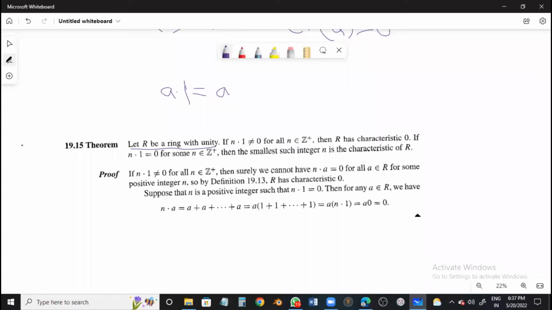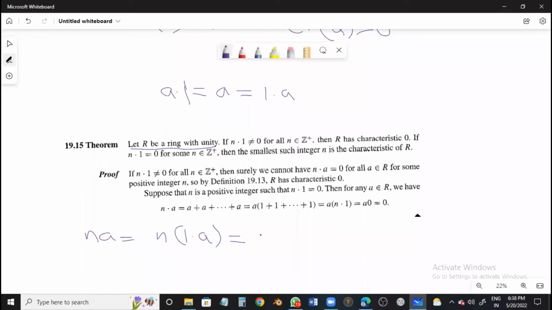Just a minute. We can write a as a into 1 and multiply by n. So n into a, you can write as n times 1 into a, because this is written as 1 into a also, as far as multiplication by unity is concerned.